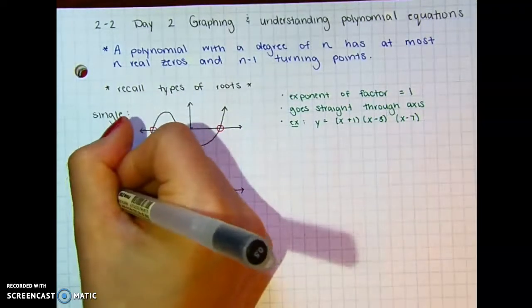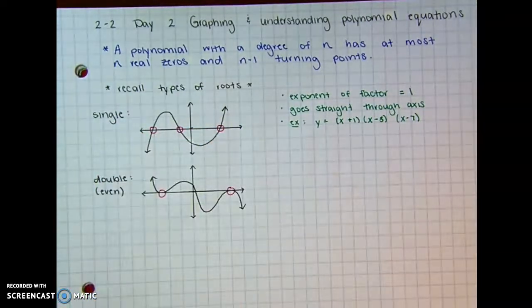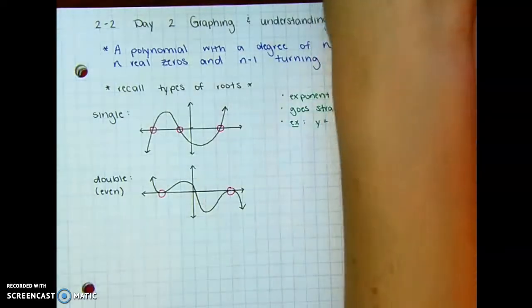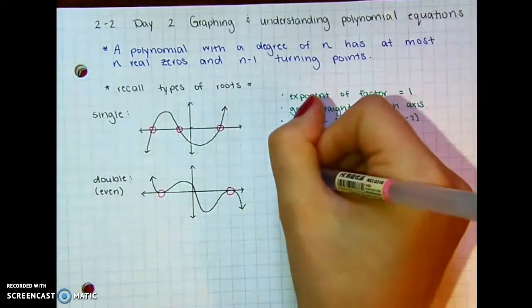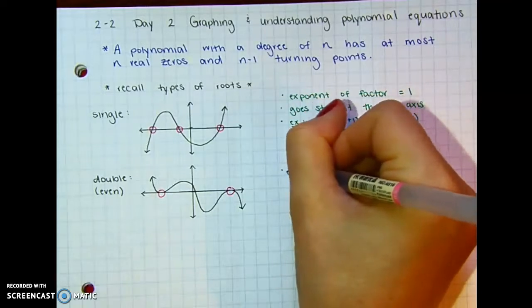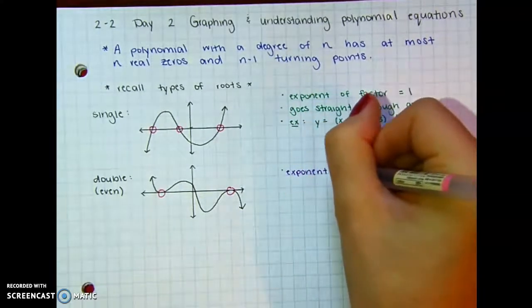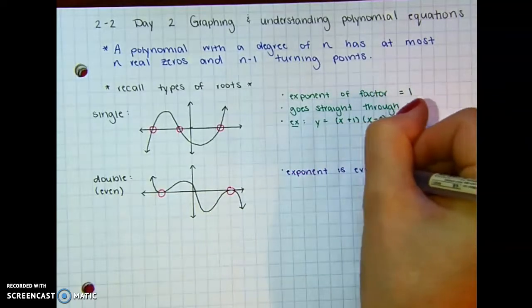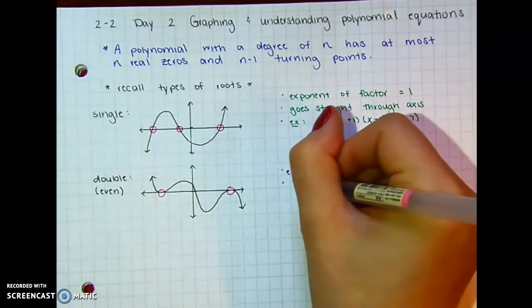That happens when your exponent is even. And it bounces off the axis, if you will.